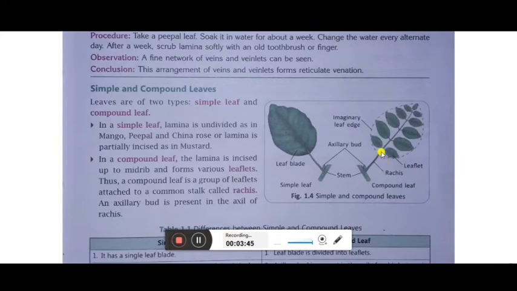But the difference is that this one is called the rachis, and that starts from the node, where the axillary bud is, and then it goes to the top, and on this rachis the small leaves arise. Those are called the leaflets. Here is the leaf blade, and here it is all divided and they become the leaflets.